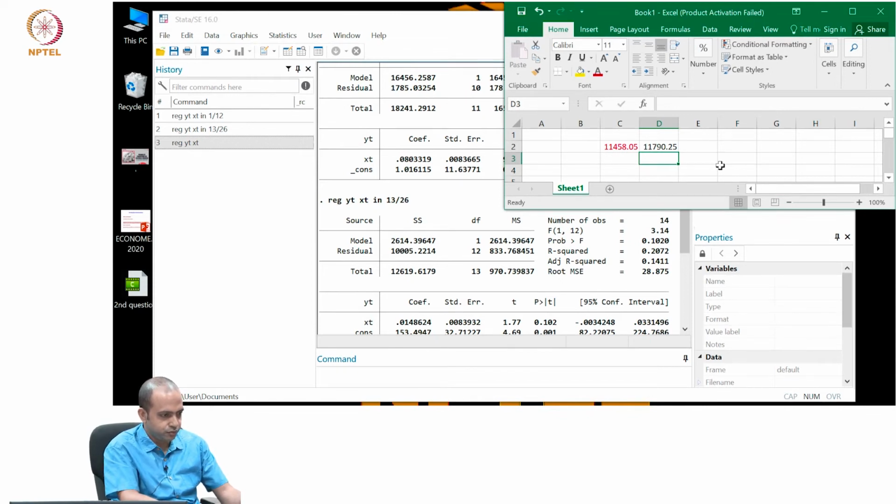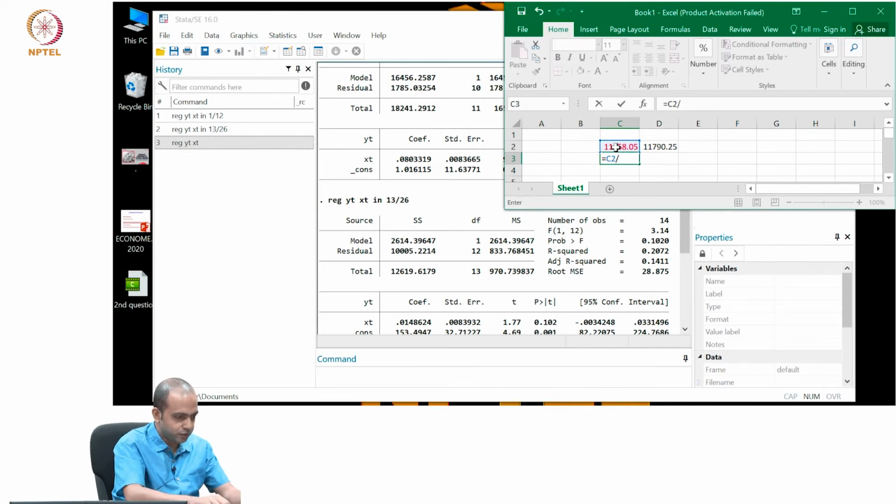So, this would become, the numerator divided by 2 equals this, and here RSSUR you have to divide by 22.